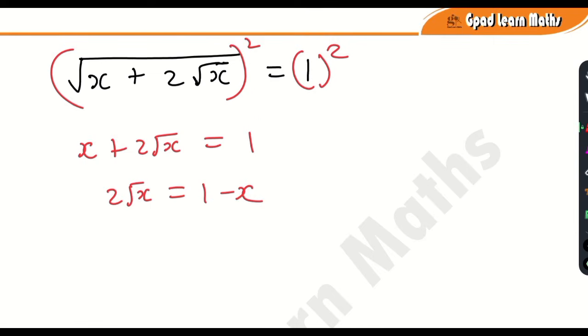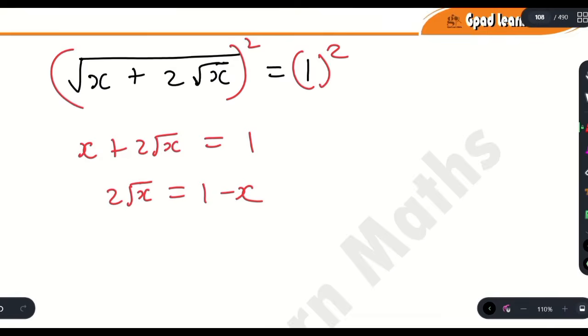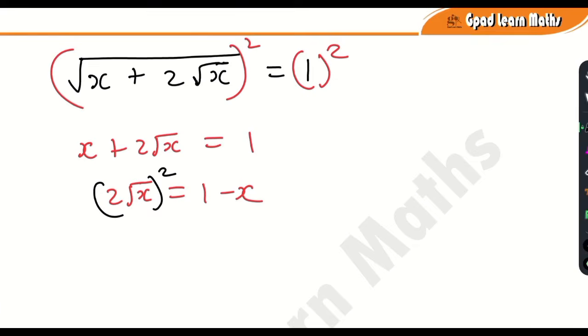Now to make it easy to get rid of this root, again, like I did before, I'm going to square both sides. Square this side and then square this. The exponent will be applied to 2 and to root x. So what is 2 raised to the power of 2? That's 4.